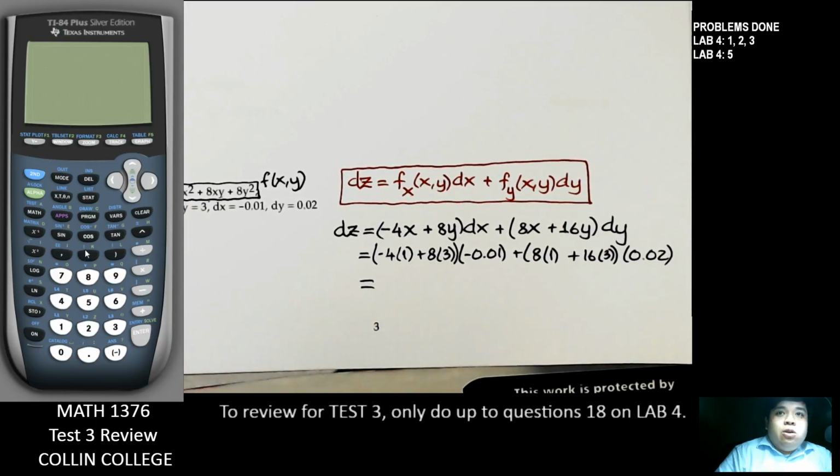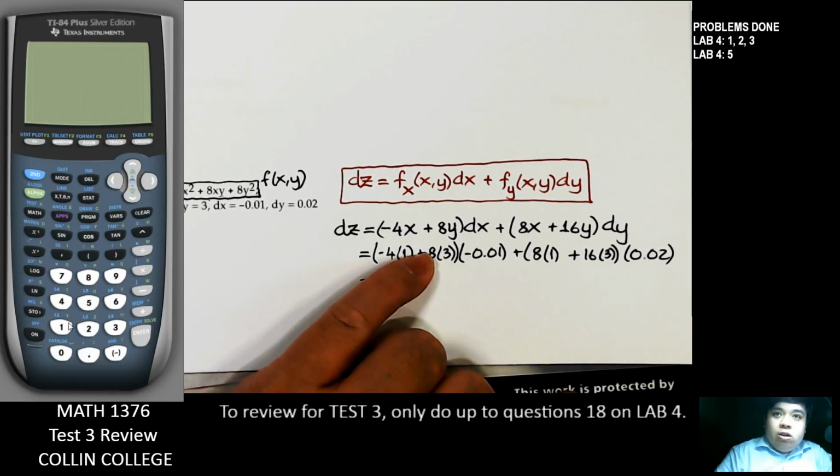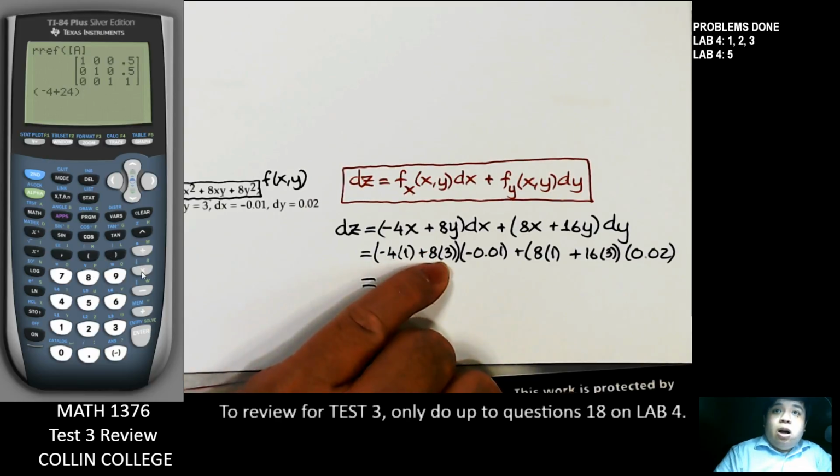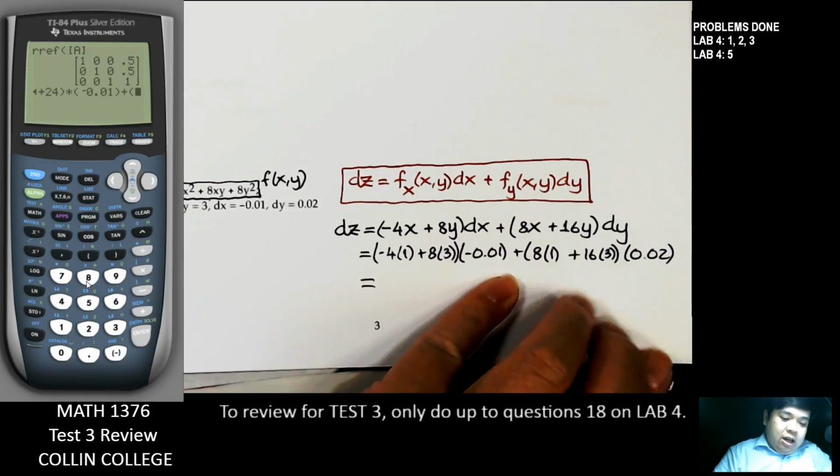Right, so open parentheses, negative 4 plus 24, need to turn it on, negative 4 plus 24 times negative 0.01 plus that is 8 and 48.